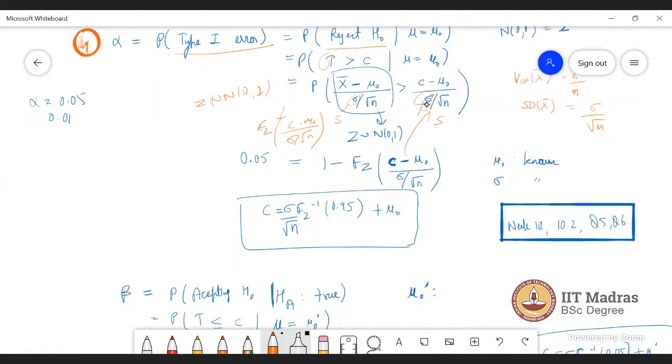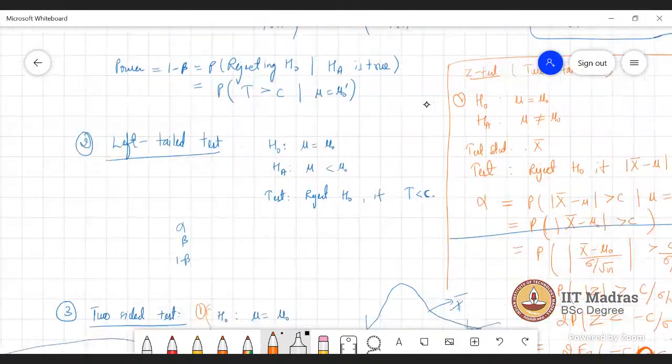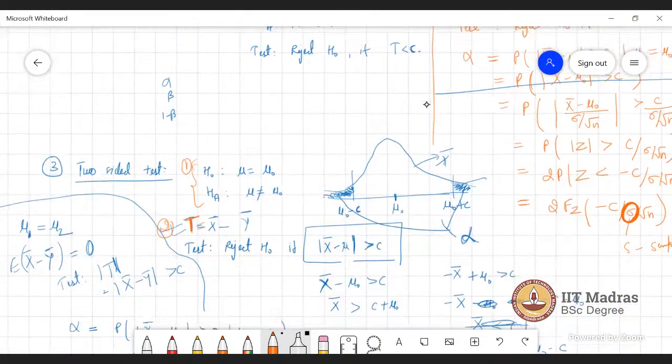Now, after the testing for mean, we have the testing for variance, that is the chi-square test and the F test.